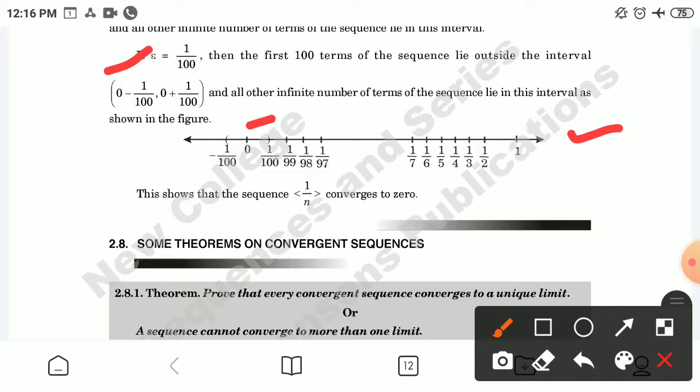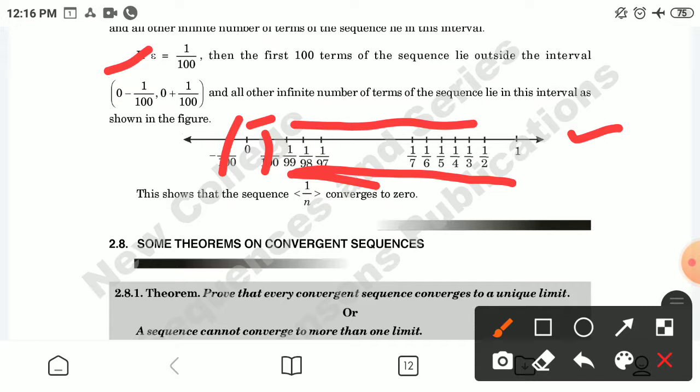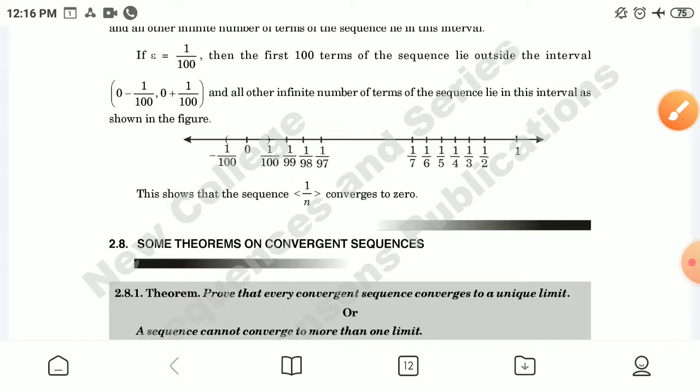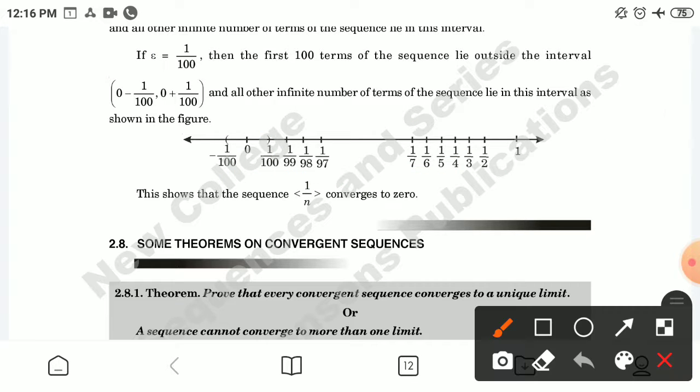The first 100 terms, that is these, are outside; all these terms are outside. This shows that the sequence a_n converges to 0.